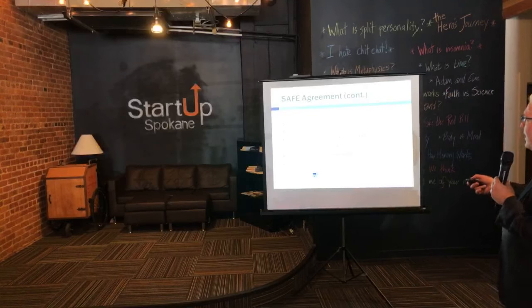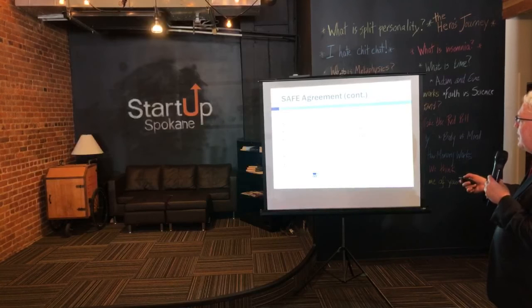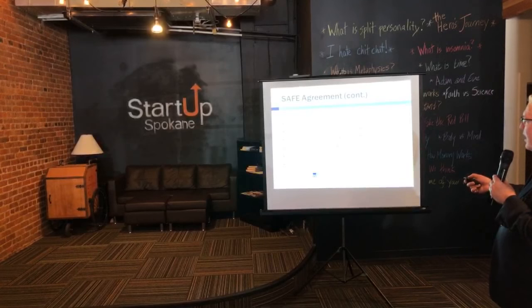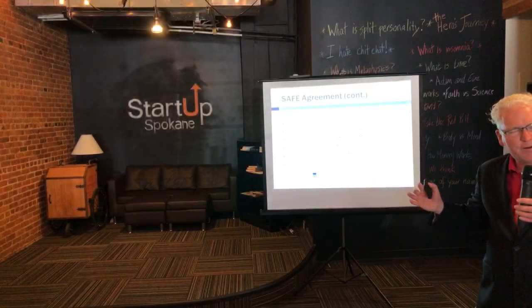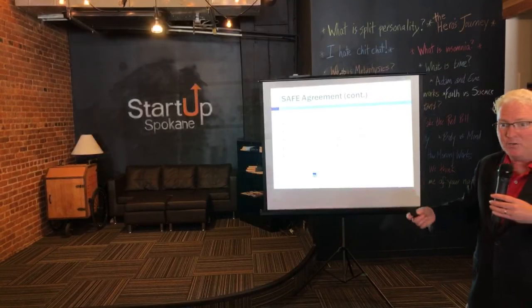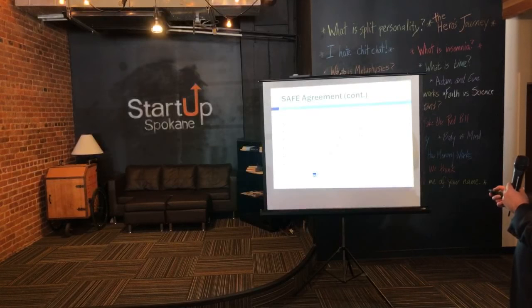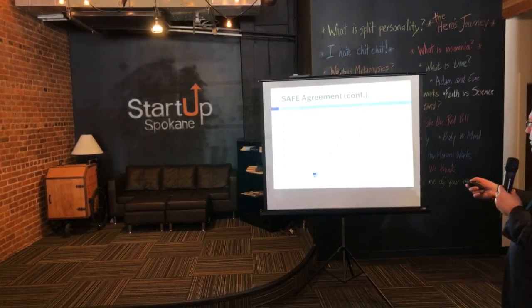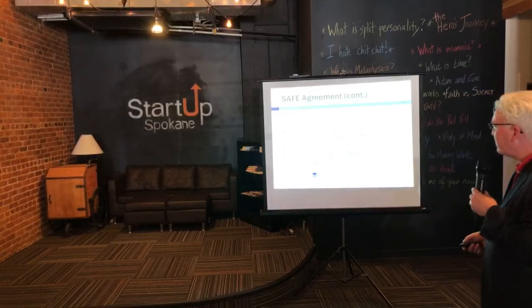It'll also specify what happens if there's a liquidity event. If there's a sale of the company, again, the idea is that you take your $100,000 and you get either cash or stock. You might get stock if it's the sale of the company to another company, and you can specify that maybe you want stock in that new company. Or you could say, no, I want cash, but the amount that I get is going to be equal to my $100,000 invested in the SAFE divided by the fair market value of the company based upon the liquidity event.